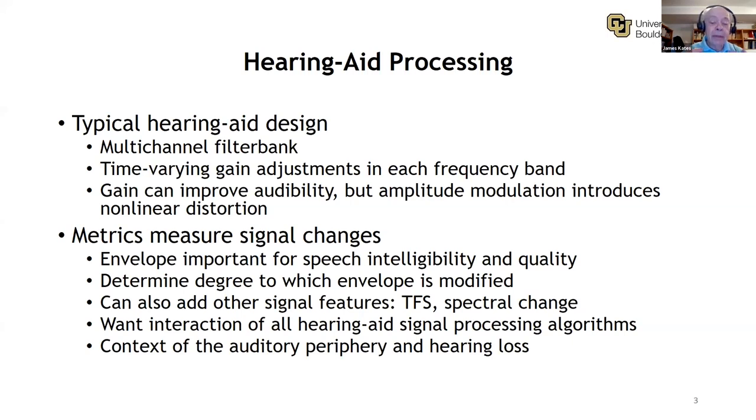So we want to be able to measure the interaction of all the hearing aid processing that is going on. And we want to be able to do this in the context of a model of the auditory periphery and the hearing loss. That is, in the impaired ear, how has the periphery shifted?